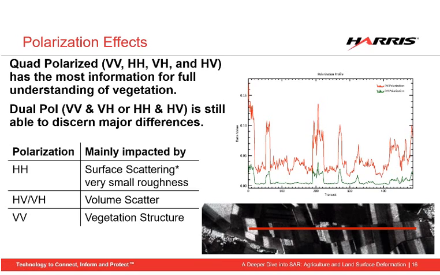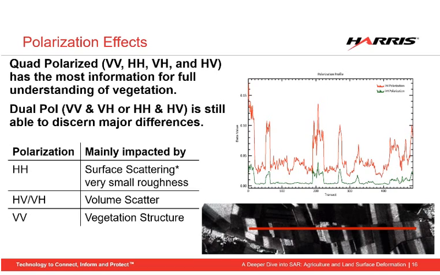HH tends to get a large response from the soil itself, so it is useful if you want to get more information on what is happening underneath the crops or want to monitor soil moisture. VH and HV are sensitive to volumetric scattering from the canopy of the vegetation, so we'll pick up changes from when the crops begin to sprout and grow leaves.